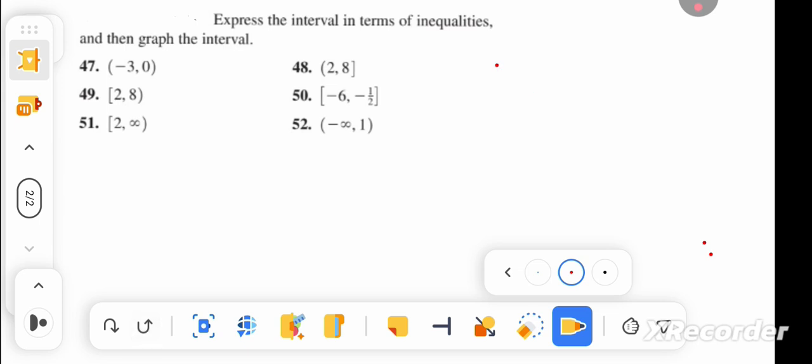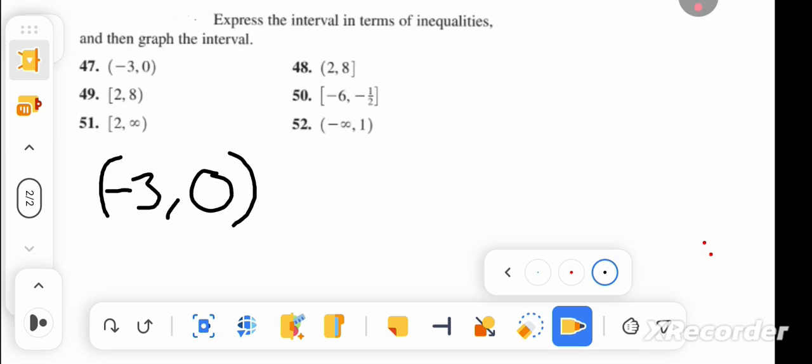So now how can we write the interval -3 all the way up to 0 in terms of inequality, or let's say set builder notation? So here we have -3, 0, like this. In terms of inequality, or set builder notation, we are going to use these braces here.